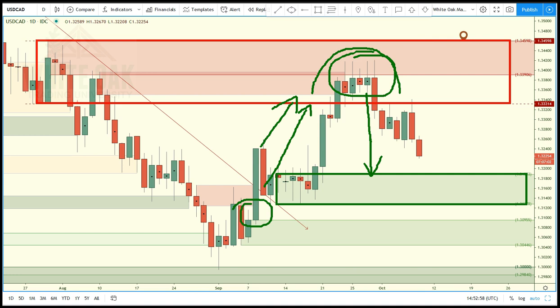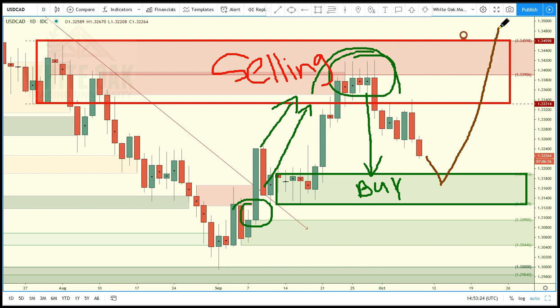Okay, if the institutions created a buying zone here, okay, and we have a selling zone here, this selling zone is either only being used to facilitate a drop down to the buying zone for them to start buying like this, or this selling zone was created to facilitate a move down into this buying zone that was only used to facilitate the move up here.